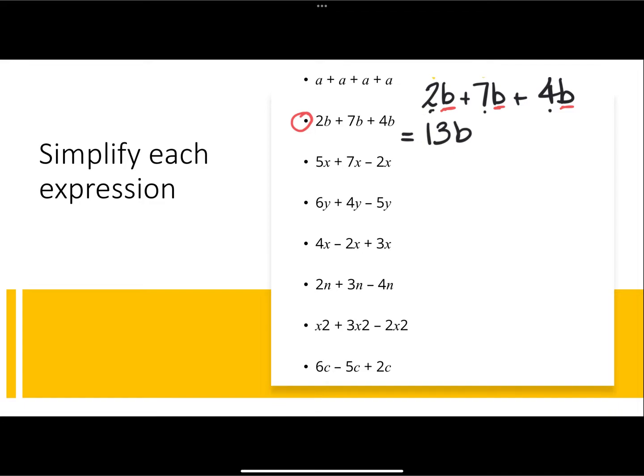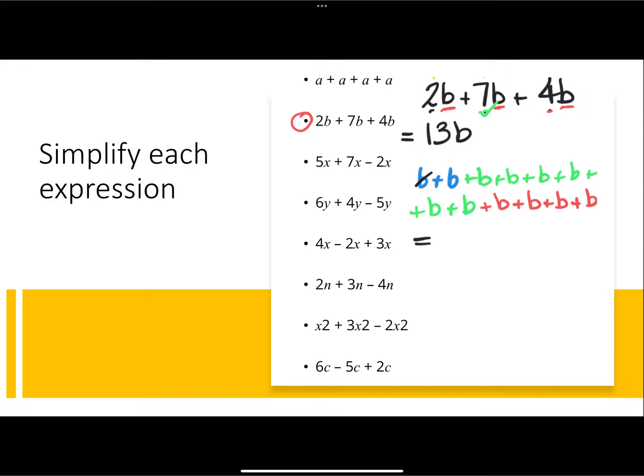So let me do this the really long way. I'm going to make my 2 b's look like this. B plus b, that's my 2 b's. I'm going to make my 7 b's look like this one. So that's my 7 b's. And I'm going to make my 4 b's look like this. And now, doing this the very inefficient way, I'm actually going to count up and make sure I have 13 b's.